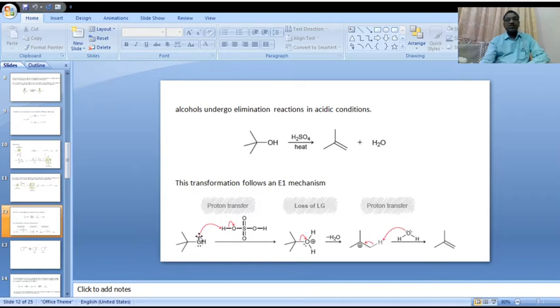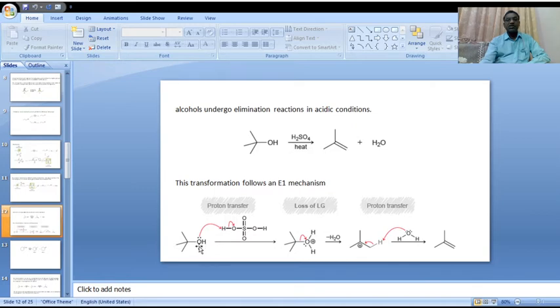Here, tertiary alcohol on reaction with sulfuric acid. This is the clear structure of sulfuric acid, H2SO4. From this sulfuric acid, proton transfer takes place. This proton is abstracted by the OH pair of electrons.